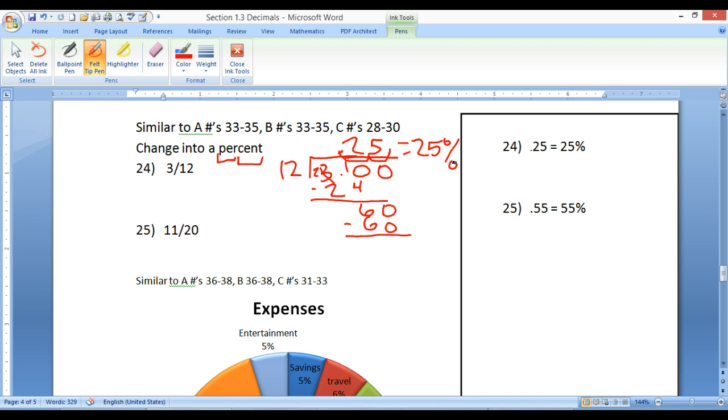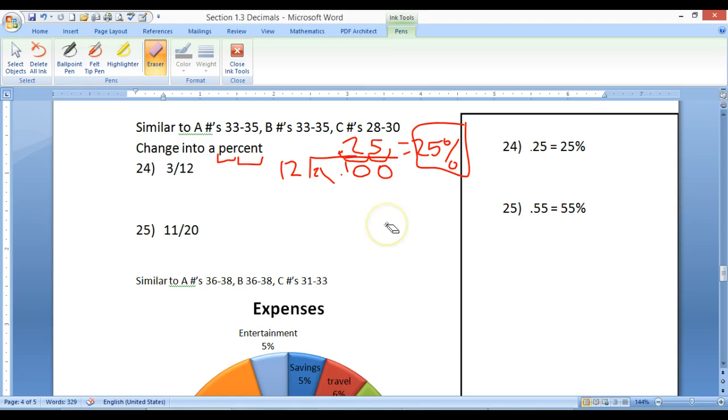Somebody in one of my classes had mentioned that the 2 zeros are similar to the percent sign over here. It looks like the zeros from the 100. Now it's not, it's just a percent sign, but it's one way to remind yourself that there are 2 zeros, which means that it changes the place value by moving your decimal 2 places over. So it's 25%.